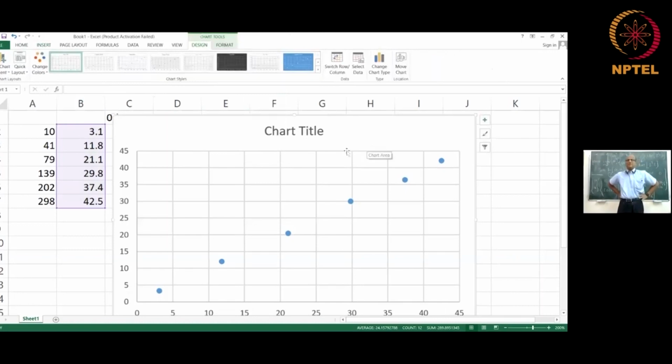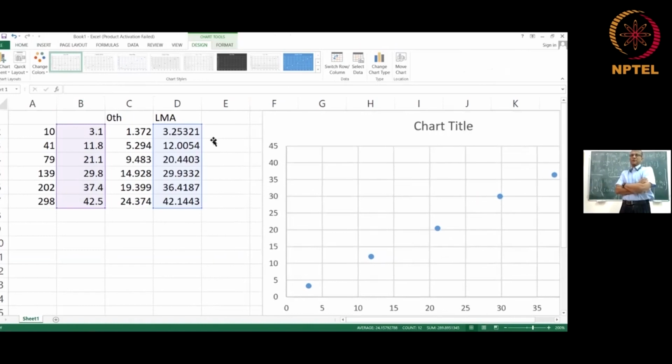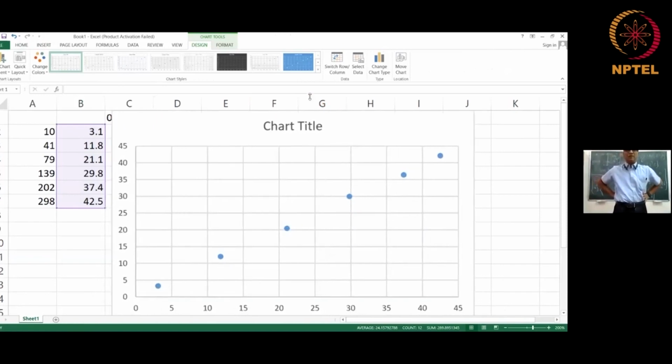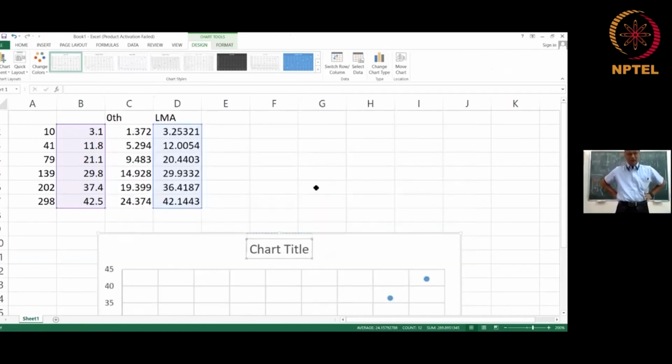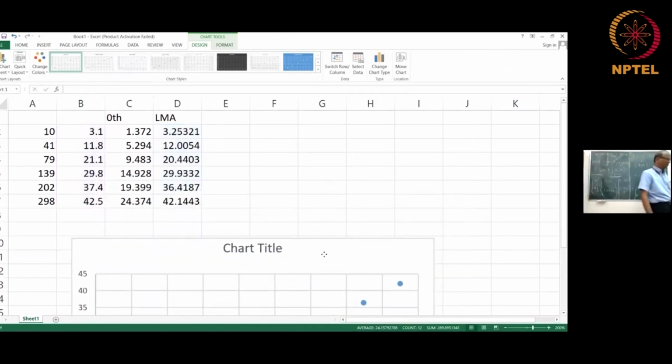Now you can see that the parity plot is very good. Can you show the GNA on this plot? Can you show two parity plots on one plot? Yes, sir. Then do it, with a different color. This is blue color. Show that in an orange color or red color.